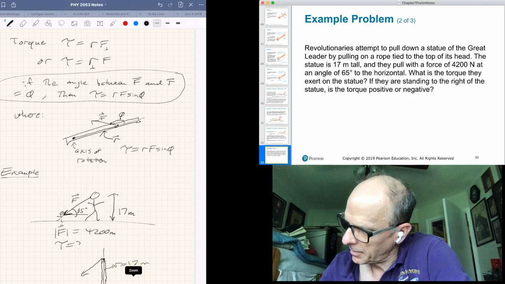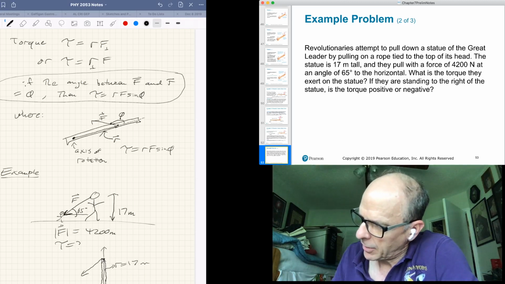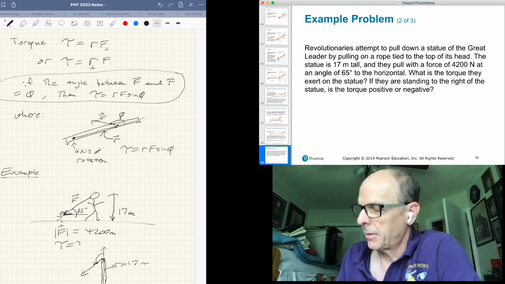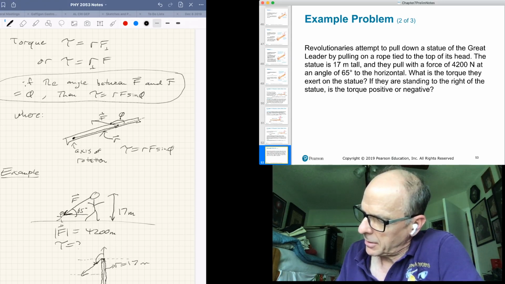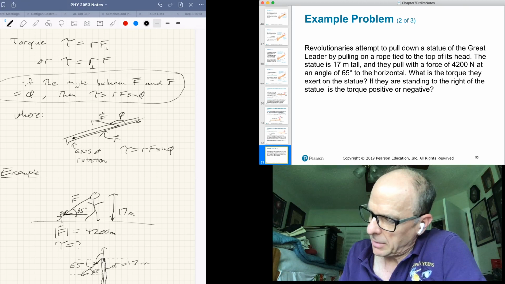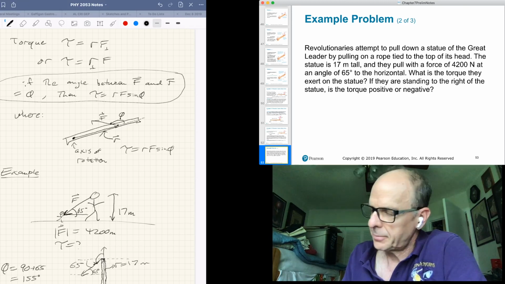So phi, if I want to use r sine phi, is this angle here. If I draw a horizontal line here, I know that this angle is 65 degrees. That means this angle is also 65 degrees. So phi is 90 plus 65, or 155 degrees.